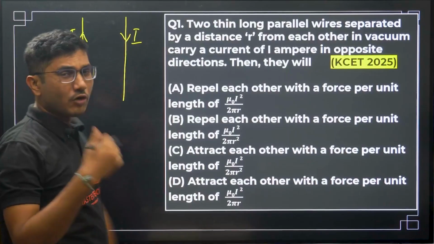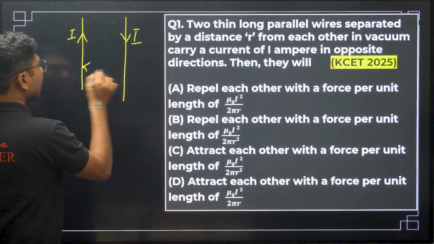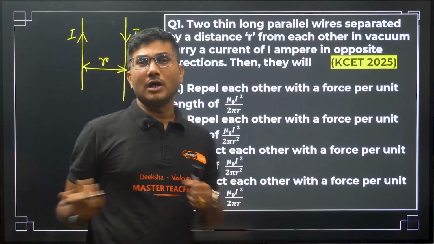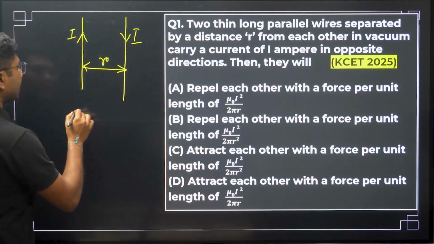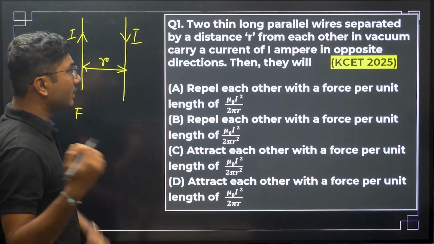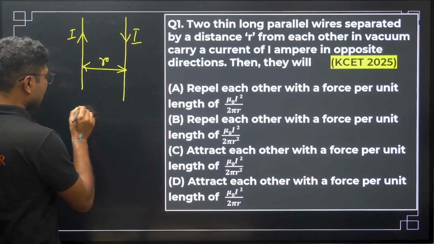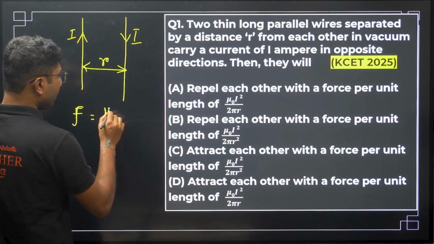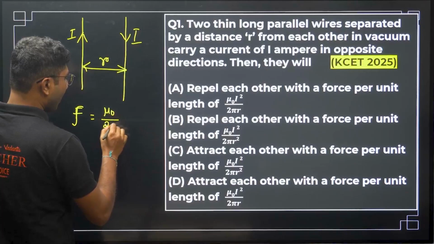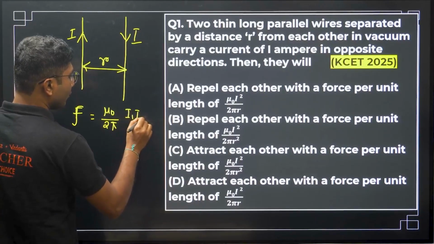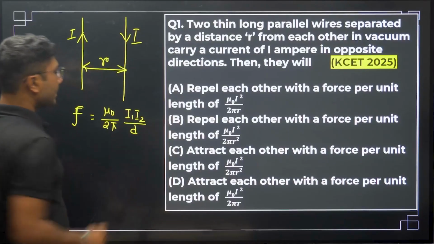So what is the formula for the force between the wires, which are separated by a distance r? Force per unit length, small f, is given by mu naught by 2 pi I1 I2 by distance d. This is the formula.